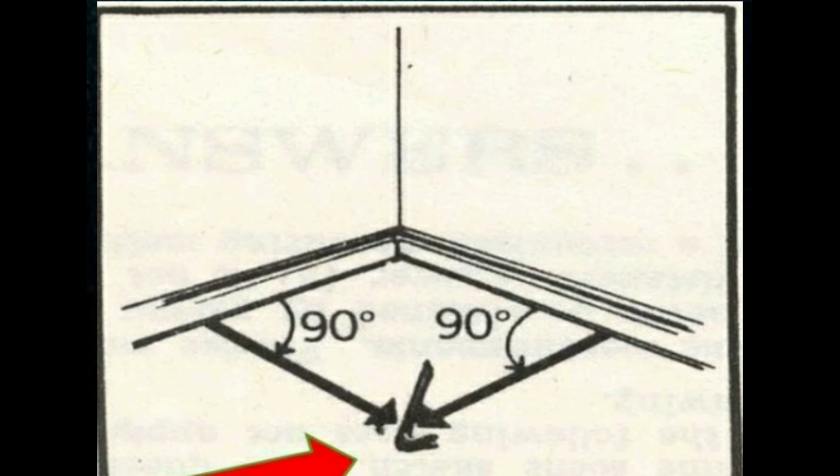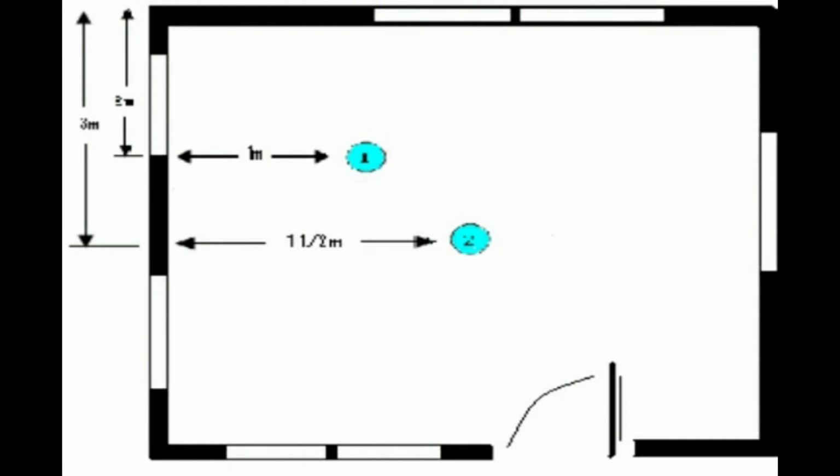Yan. Then, baseline method, a straight line is established from one fixed point to another fixed point, no? Using one end of the line as a starting point, an object can be located by measuring along either side of the baseline at a straight angle to the object, no? Yan. So, yung isang reference point, i-connect mo sa isang reference point, then mula doon sa baseline na yon, doon ka magsisimulang mag-measure. Yan.